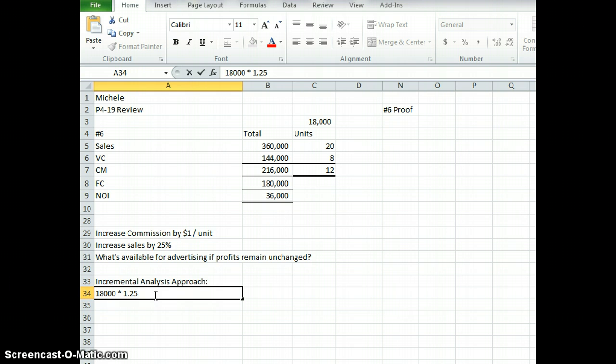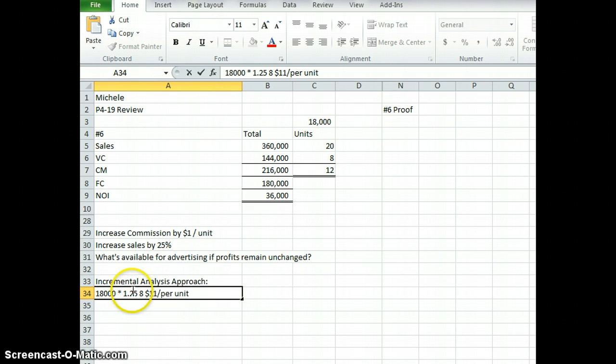And we know that our contribution margin is going to decrease by $1. And the reason it's going to decrease by $1 is because our variable cost in the form of sales commission is going to go up by $1. So we're going to multiply that times $11 instead of by $12 on a per unit basis.